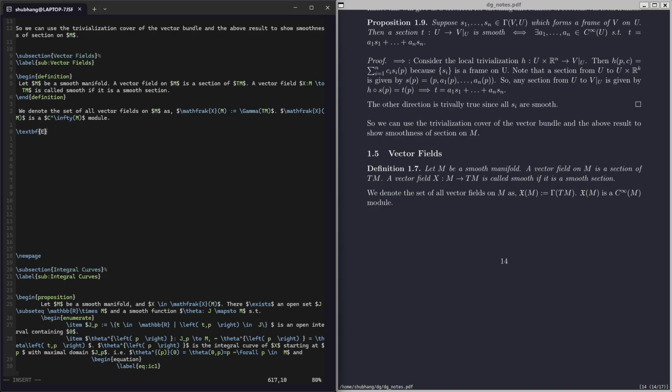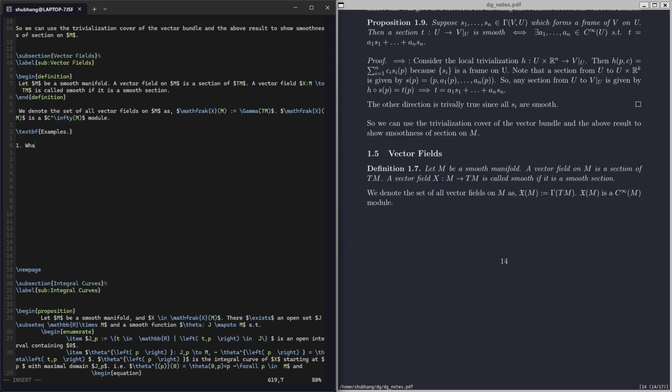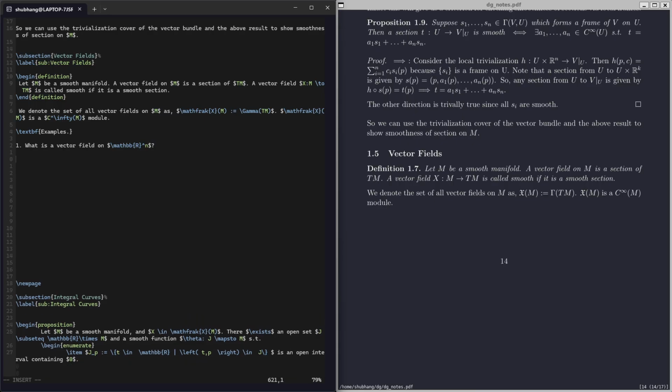So some examples. One, what is a vector field on R^n, if you want to ask? Then basically we know that TR^n is isomorphic to R^n times R^n as vector bundles. We discussed that.